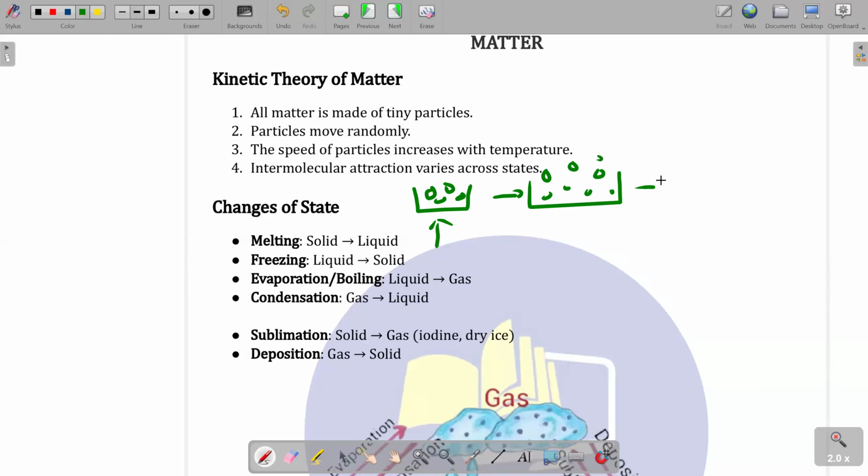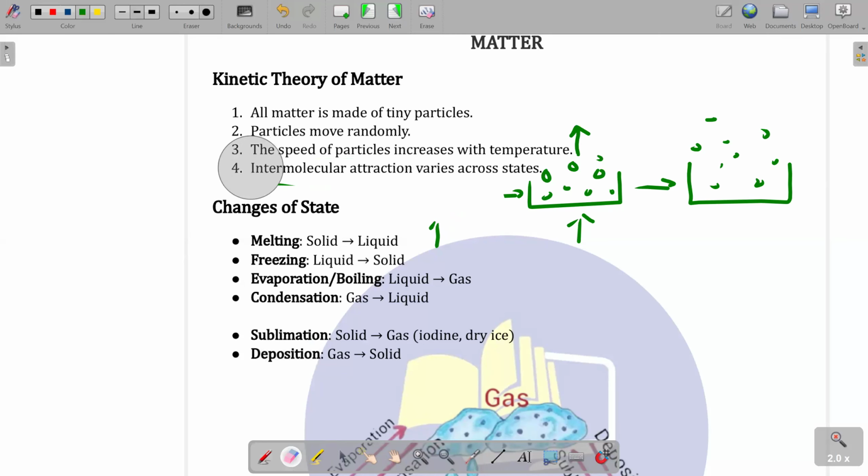And if this heat is maintained, the particles can go farther away from themselves. So we can say that as the temperature increases, it breaks the intermolecular forces of attraction. Hence, the speed of the particles increases proportionately. That's a brief discussion around kinetic theory.